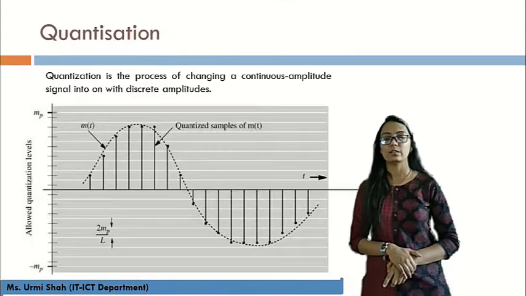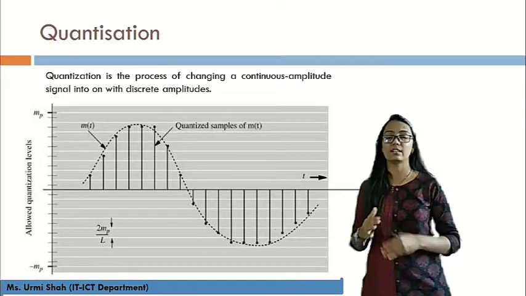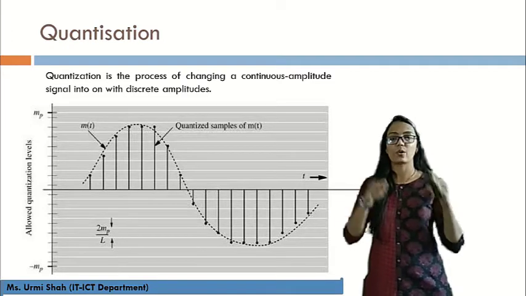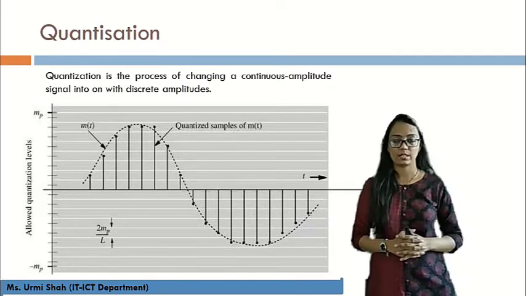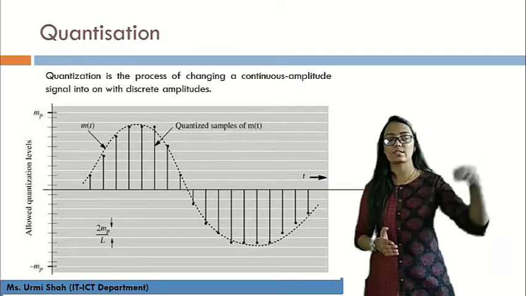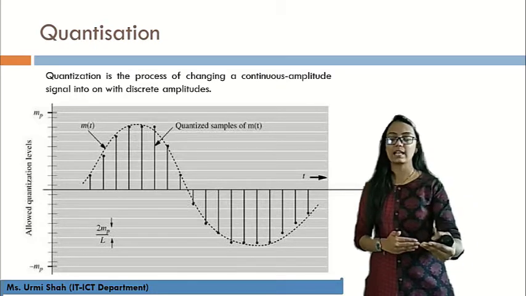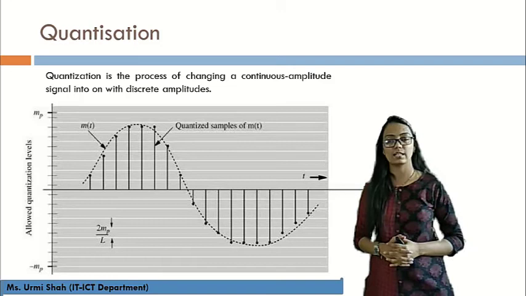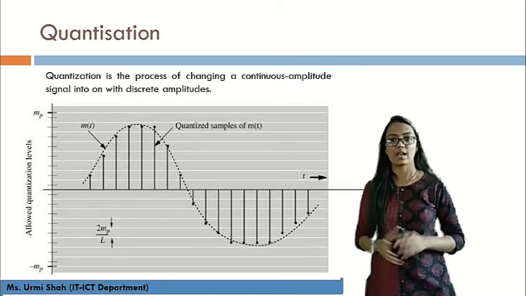So basically, in quantization, we are going to see the discretization of our signal. Whatever source signal we have is analog in nature, that is, continuous in waveform. To convert an analog or continuous signal into discretized digital samples, we need to perform the quantization process.